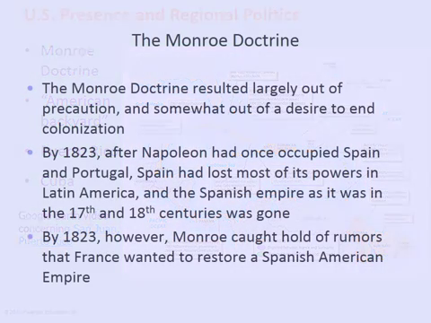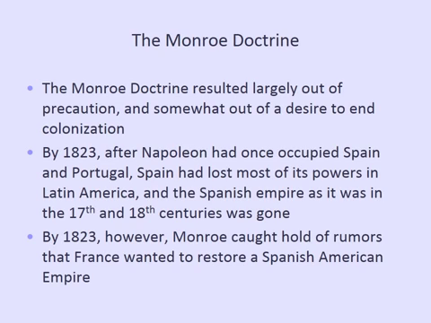The Monroe Doctrine, issued by President Monroe and drawn up by John Quincy Adams, told Europe that the United States would not tolerate further colonization by European powers in North and South America.